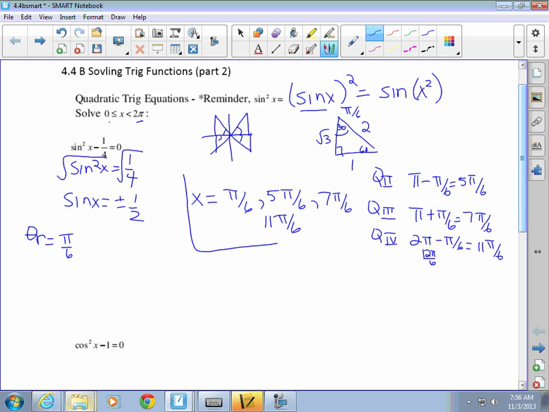So those are my possible solutions to that question. Okay, so you have to solve it, figure out which quadrants they work in. This works within my restriction. I don't have an answer that is less than 0, and I don't have an answer that is greater than 2 pi, so I'm good.